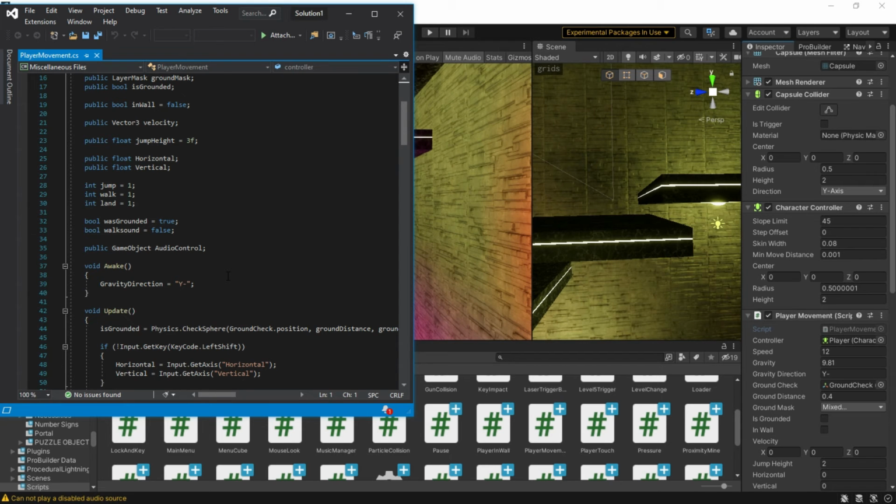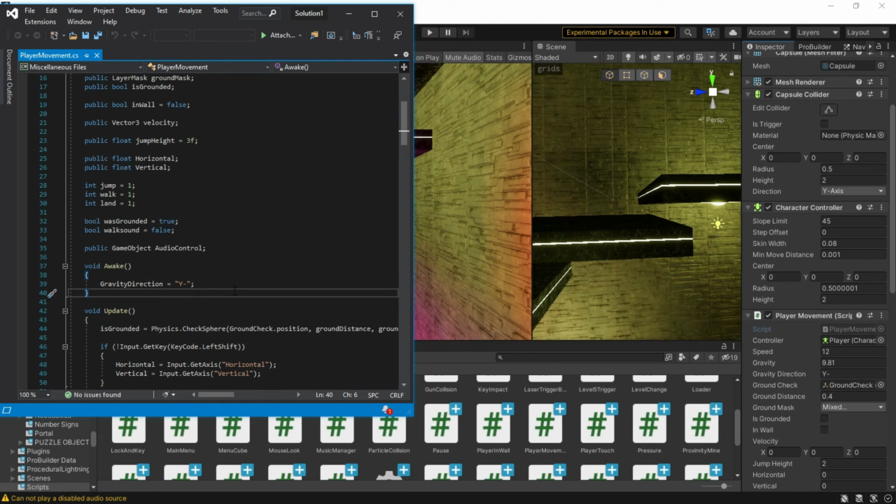So what was happening was that if you went through a portal at a weird gravitational direction, you would come out at that same direction, which could kill you in some of the levels. So I just put in this little piece of code right here, which was on awake, gravitational direction, y negative.